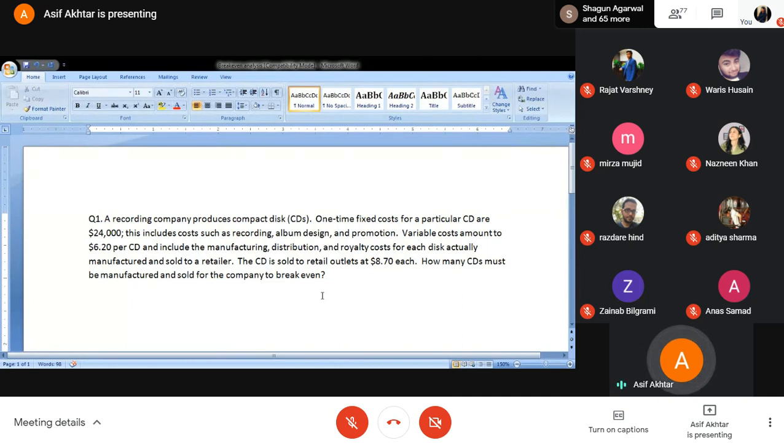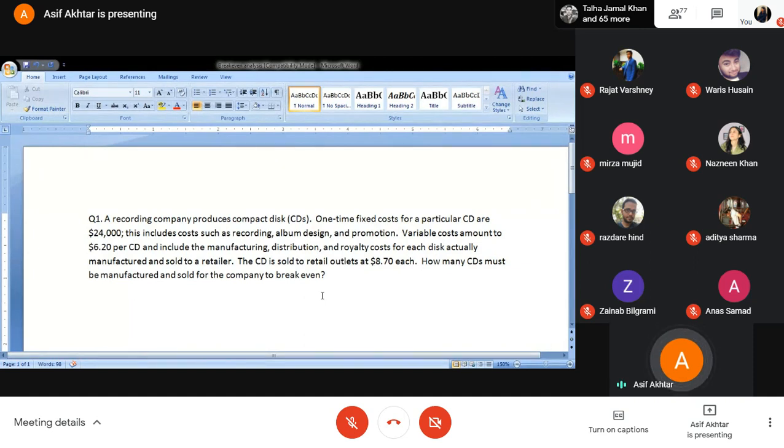So if I am taking one CD, it is 8.70; if I am taking two, it is 8.70 multiplied by 2; if I am taking 3 CDs, 8.70 times 3. Correspondingly, we have to multiply it with the per unit price. So I hope you understand the difference between cost and price. The cost is fixed cost and variable cost, and the price is 8.70.